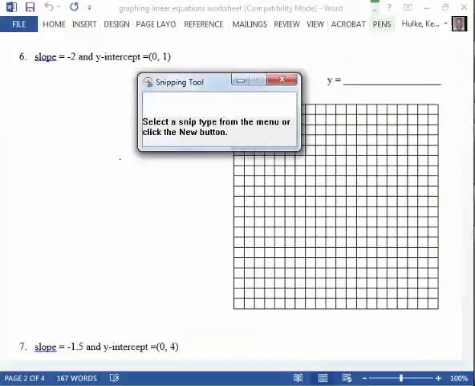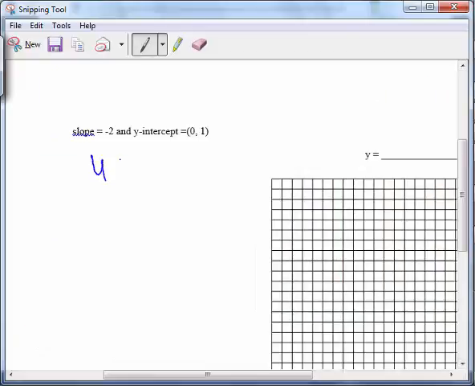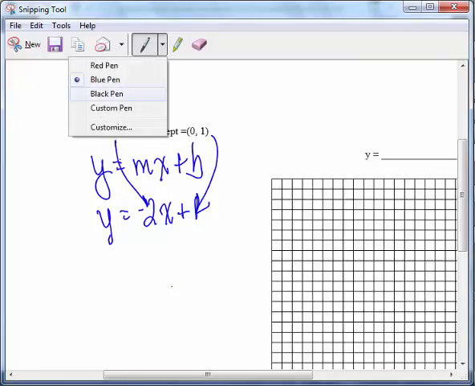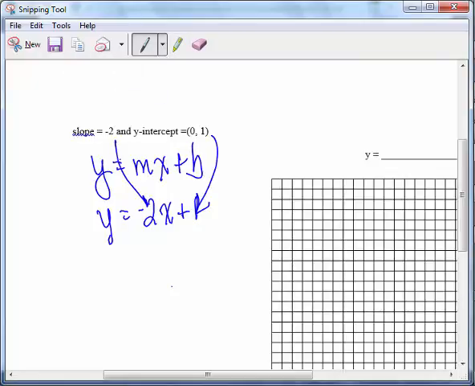Same thing. Slope y equals mx plus b, y equals negative 2x plus 1. Here's our intercept, here's our slope. Let's graph them first. So you remember you always start at the, well, let's put in our axes.